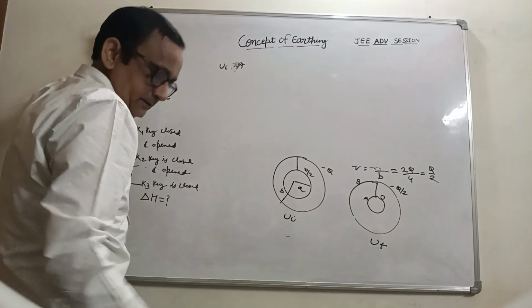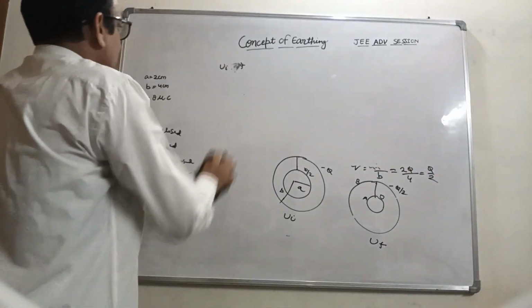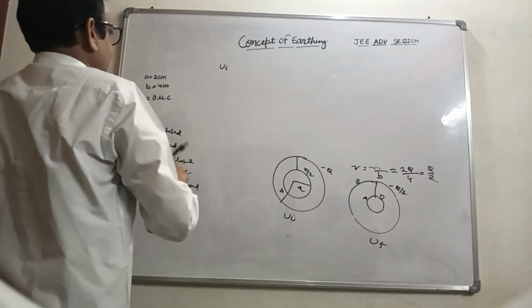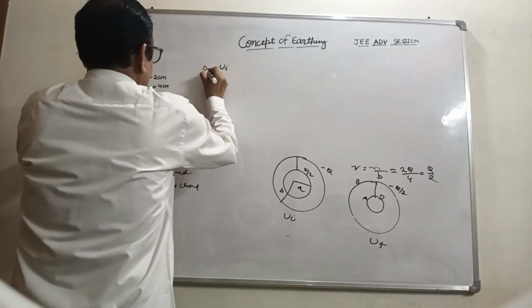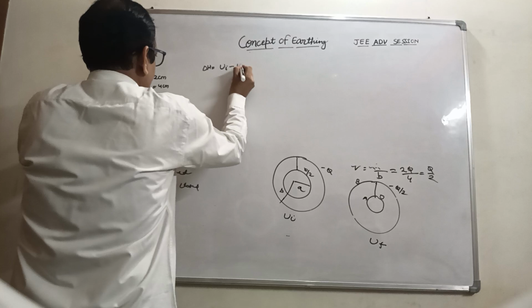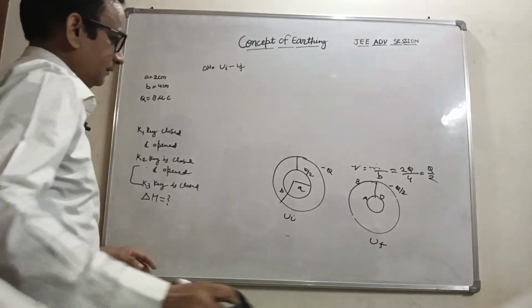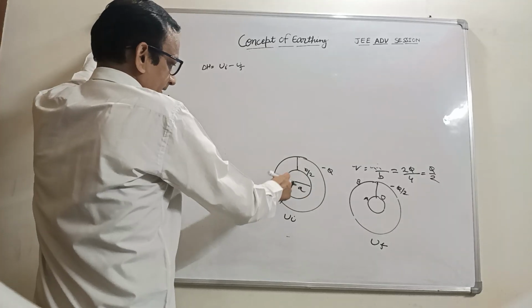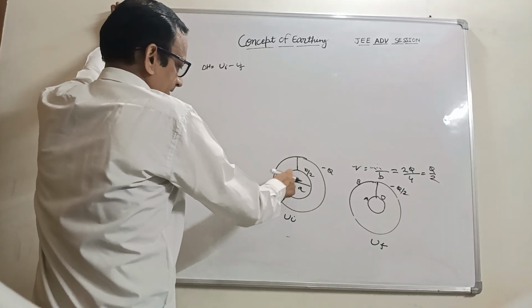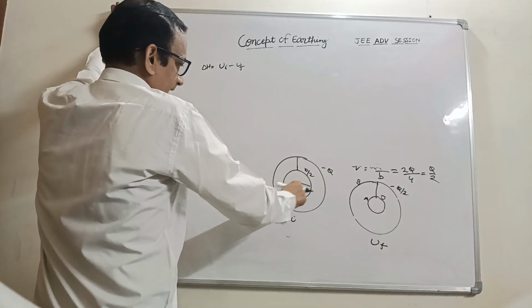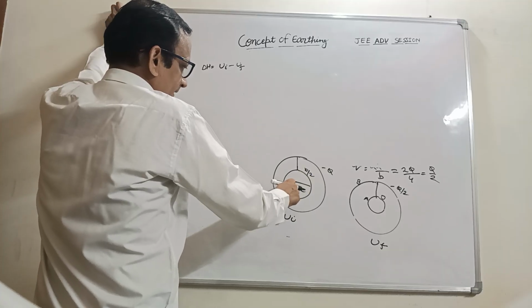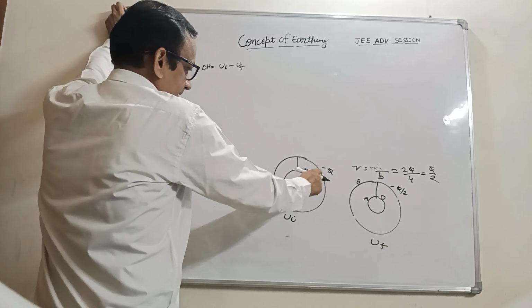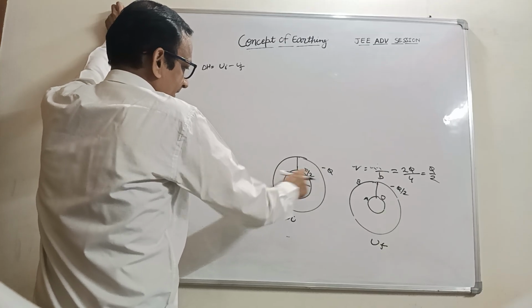This would be the heat loss, U initial minus U final. Say this is delta H, U initial minus U final. So we can write here the potential. This inner shell having the charge q by 2, we suppose this charge is at the center. So we write the potential energy here.